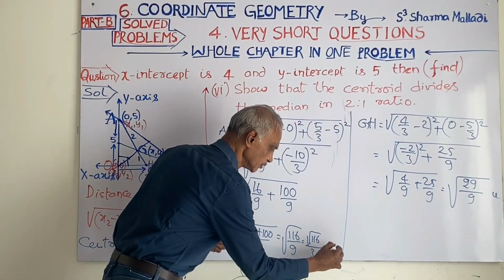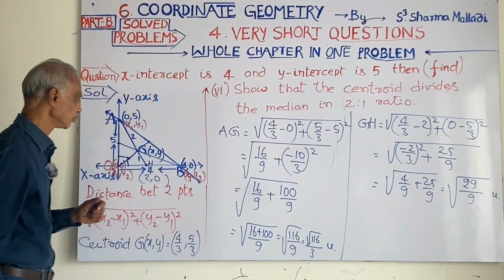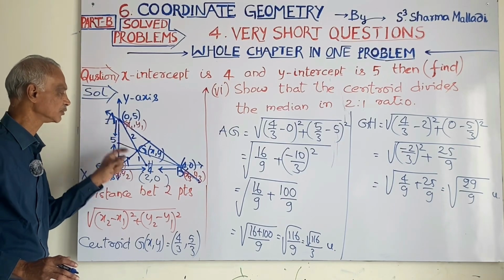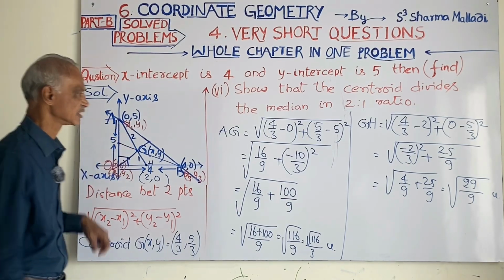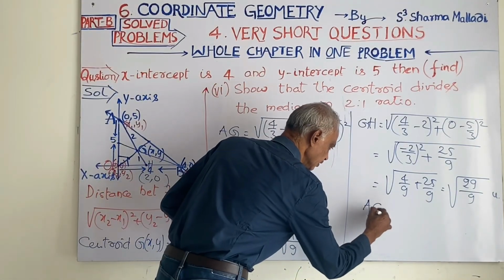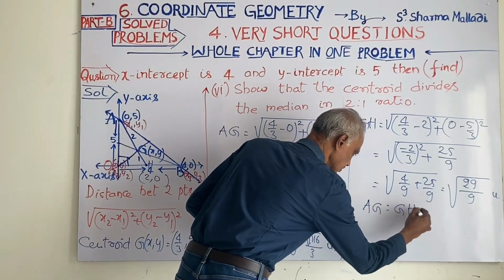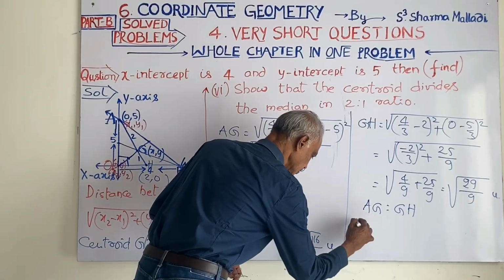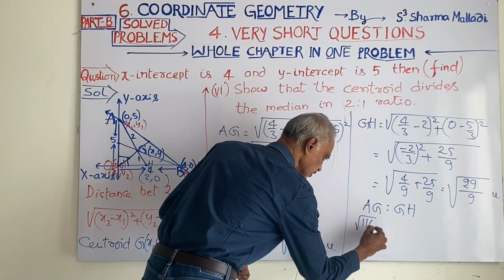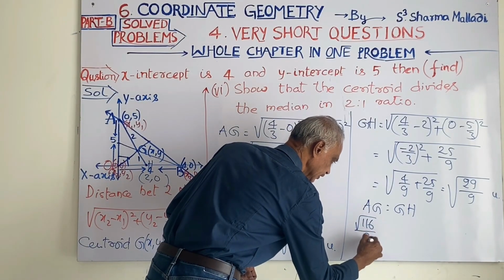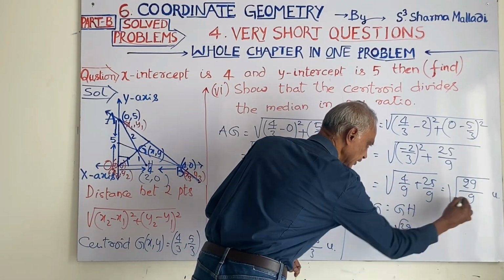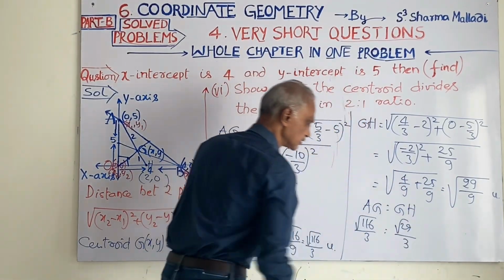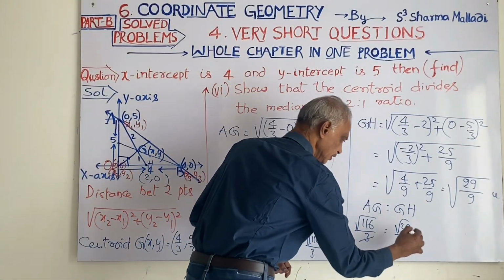This is also units. Now we have to prove the centroid divides the median in 2:1 ratio. AG is to GH. What is AG? AG will be root 116 by 3 is to root 29 by 9, means root 9 means 3. 3 cancel.